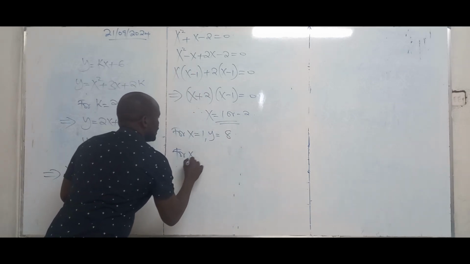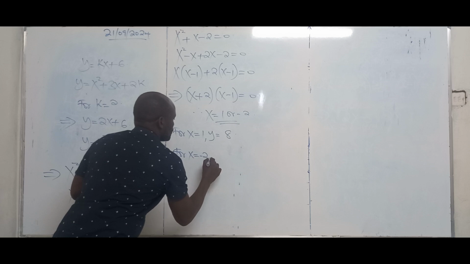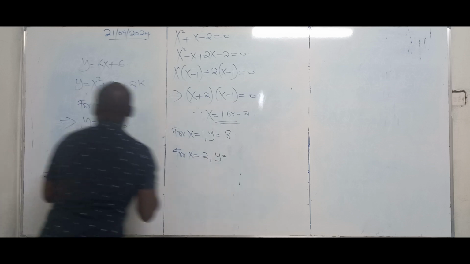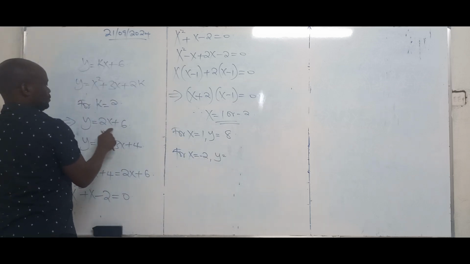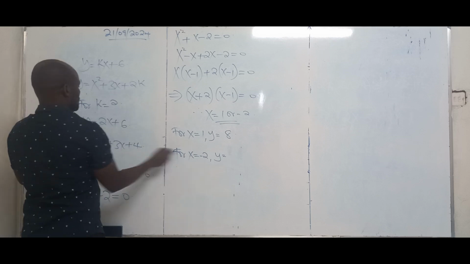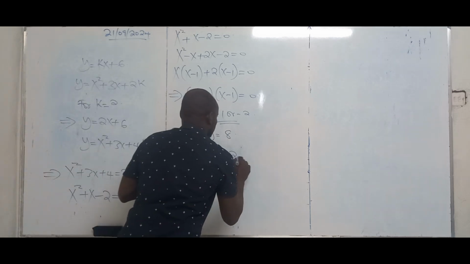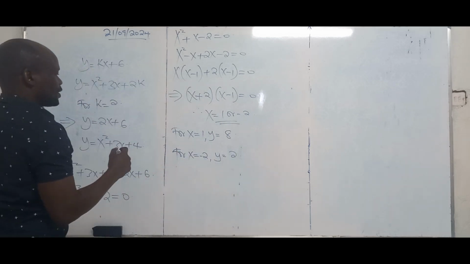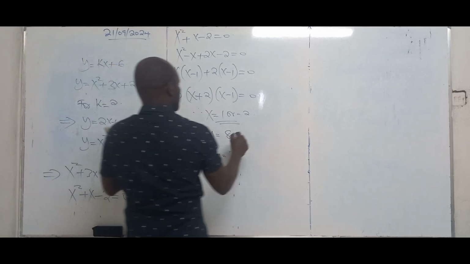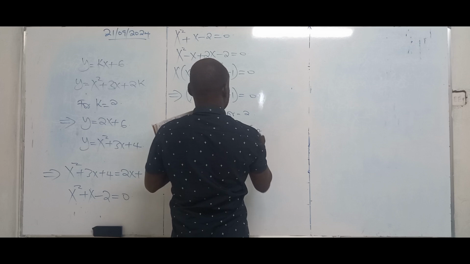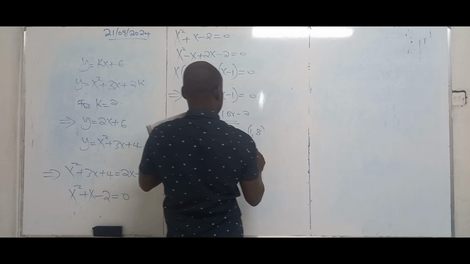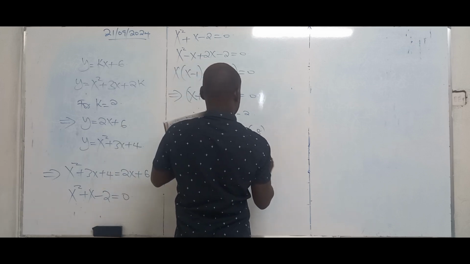For x is equal to minus 2, that will be minus 4 plus 6, which is 2, so y will be 2. So those points are: this point here is (1, 8), and this point here is (minus 2, 2).